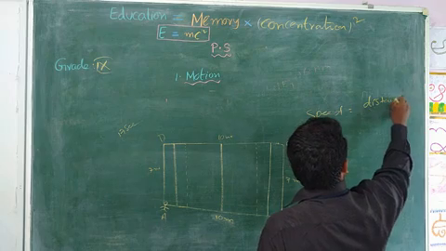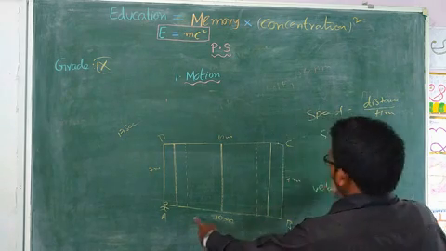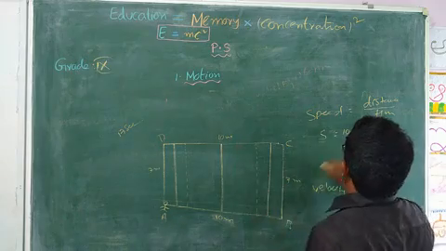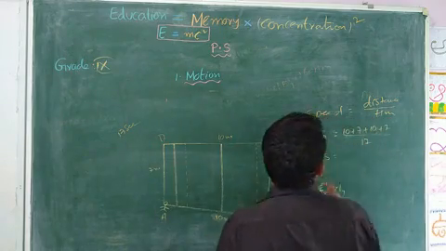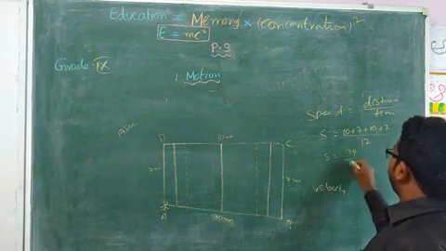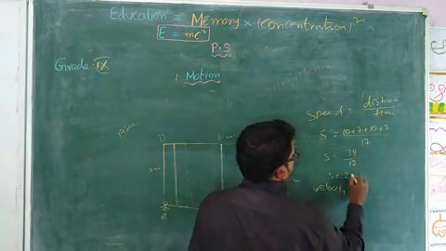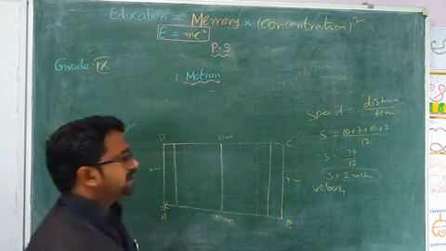Distance by time. What is the distance here? 10 plus 7 plus again 10 plus 7, by time. What is the time? 17 seconds. So S is equal to 34 by 17. So how much will it be? 2 meters per second is the speed.